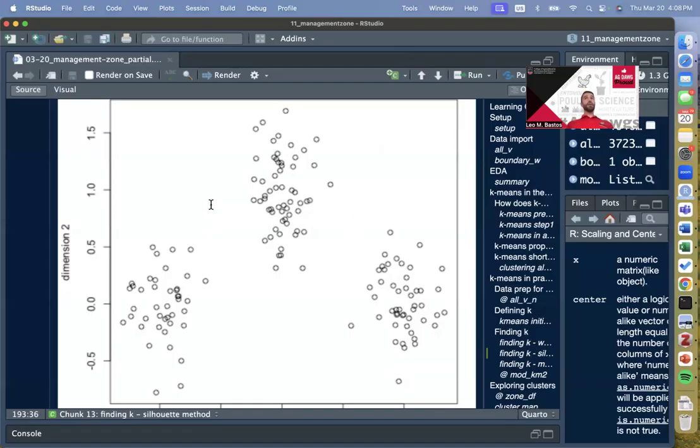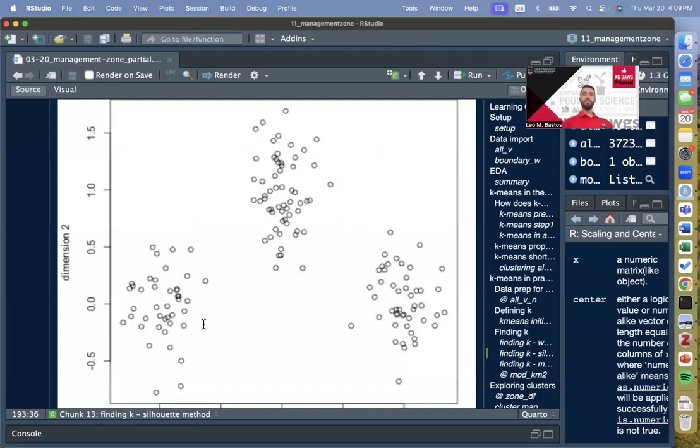But now if you add 3, you have a center on each one of these clusters. So now the within sum of the squares has decreased because you have the appropriate number of centers to characterize the 3 clusters that there are in this figure. So 3 is where you see an elbow.